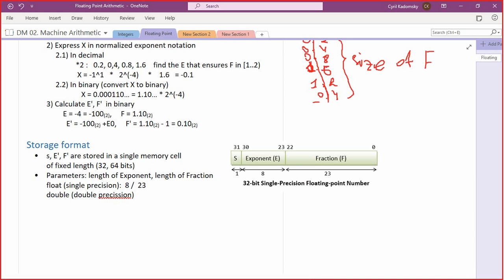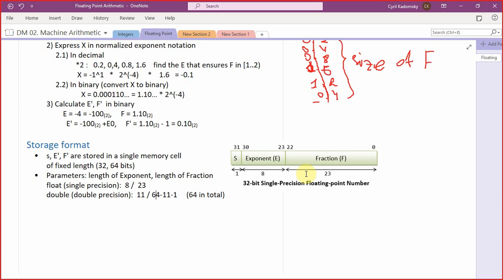In other words, the double precision standard will have more. It will have 11 bits in exponent, and it will have 64 in total, which makes the space for fraction equal to 64 minus 11 minus 1.